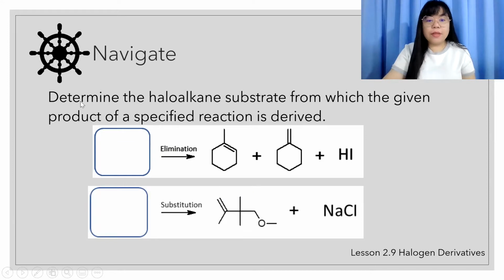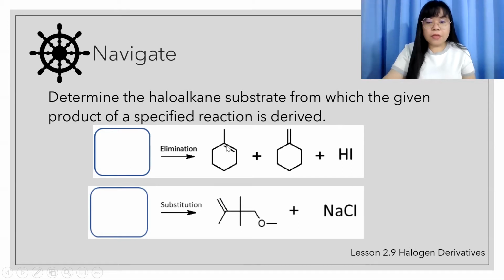Next, we're asked to determine the haloalkane substrate from which the given product of a specified reaction is derived. So here, we are given the products and it is signified that this reaction is an elimination process. Therefore, the double bonds here in the products would have come most likely just from a single reactant.